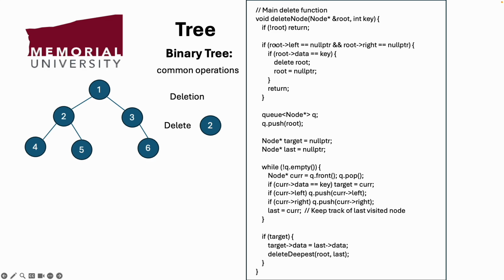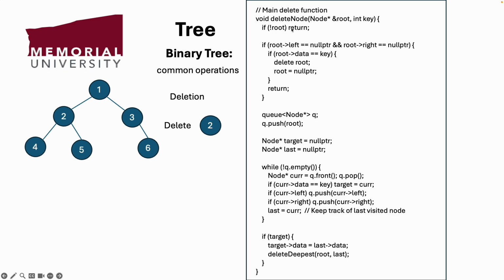If root left is a null pointer, they don't have a left child, and root right is a null pointer, there's no right child. It means they only have one node in this tree. What they do is delete the root and set the root to null pointer to avoid dangling pointers, then return.